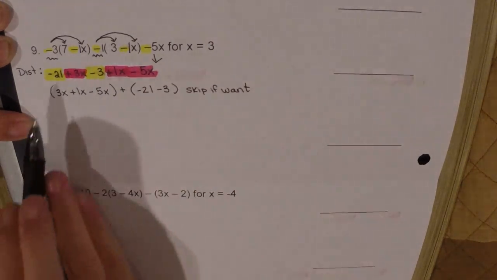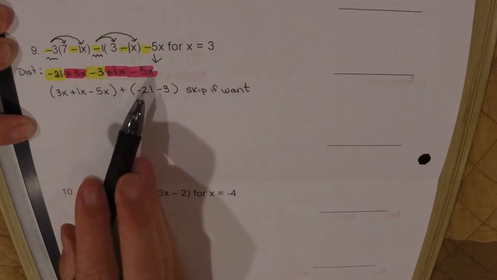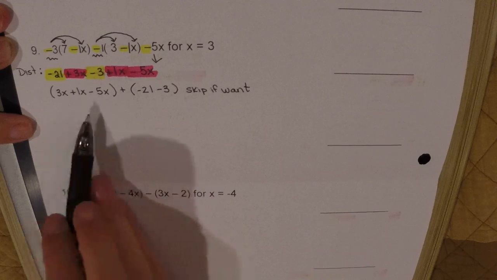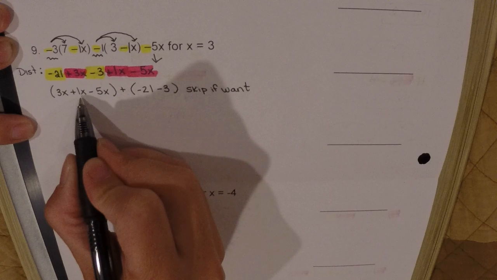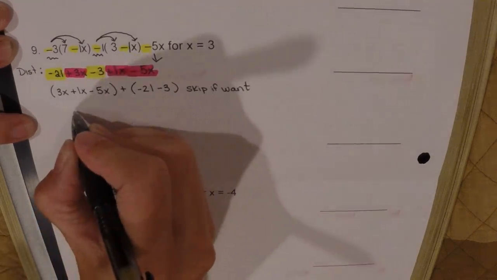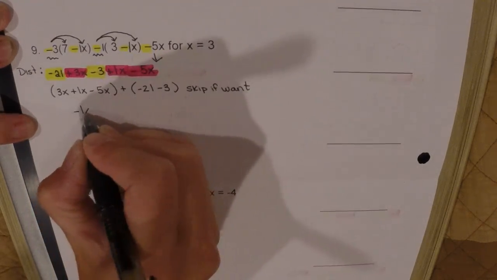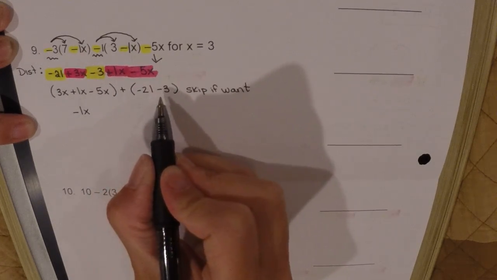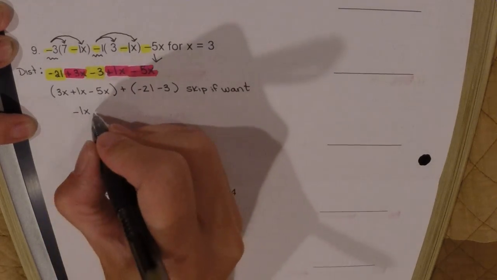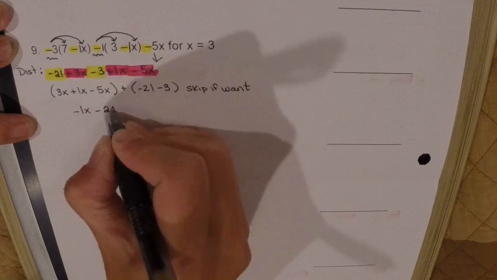Because you could just go 3 plus 1 minus 5, stick it in the calculator and get the answer. So when I put those all together, 3 plus 1 is 4. 4 minus 5 is negative 1. So I get negative 1x. And then negative 21 minus 3 is negative 24.